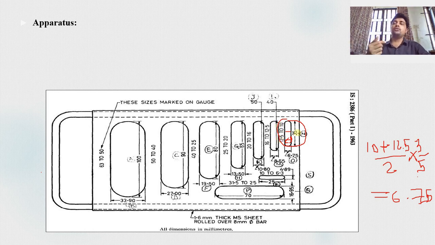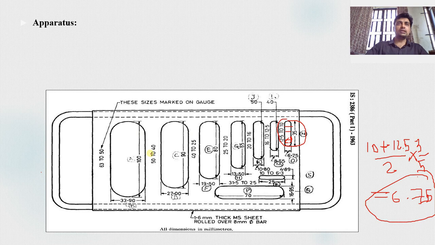It means you have to calculate the average size of the aggregate and multiply by 60 percent. You can multiply by 3 by 5 or 0.6. Now you get this value, 6.75 mm. This is the thickness of this gauge.